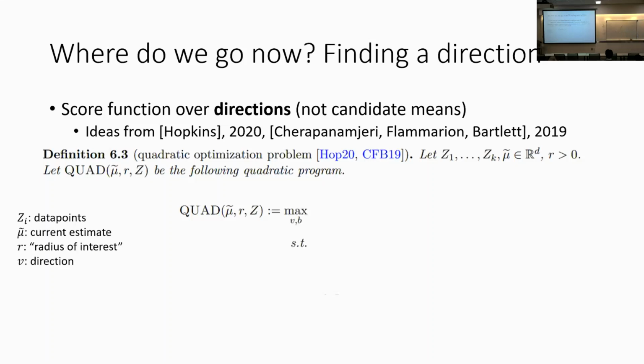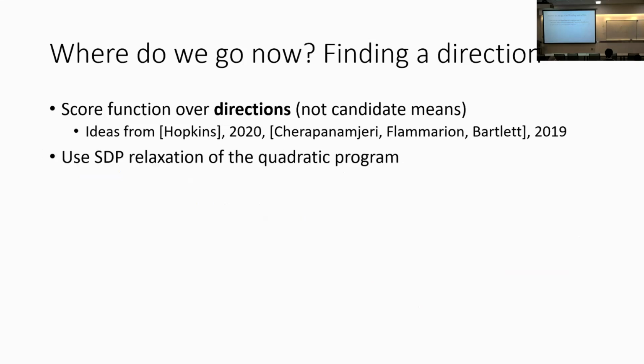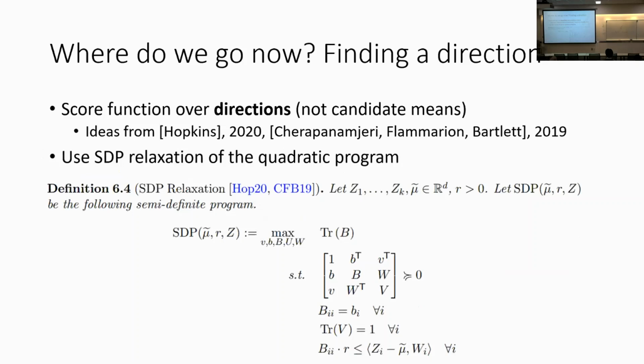I'm not going to walk you through the quadratic program; I could, but in the interest of time I'll skip it. It tries to find a good direction in that way. Now, as you should know, quadratic optimization problems are not efficiently solvable, but fortunately these works looked at an SDP relaxation of this, and it is possible to solve the relaxation efficiently.